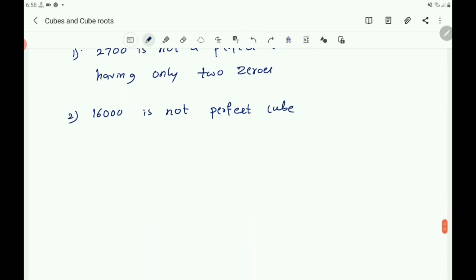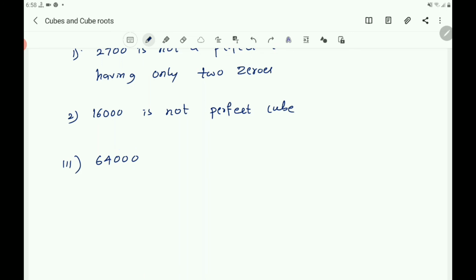Next one, 64,000. You know that 64 is a perfect cube. It is a cube of 4 and also it is having three zeros.